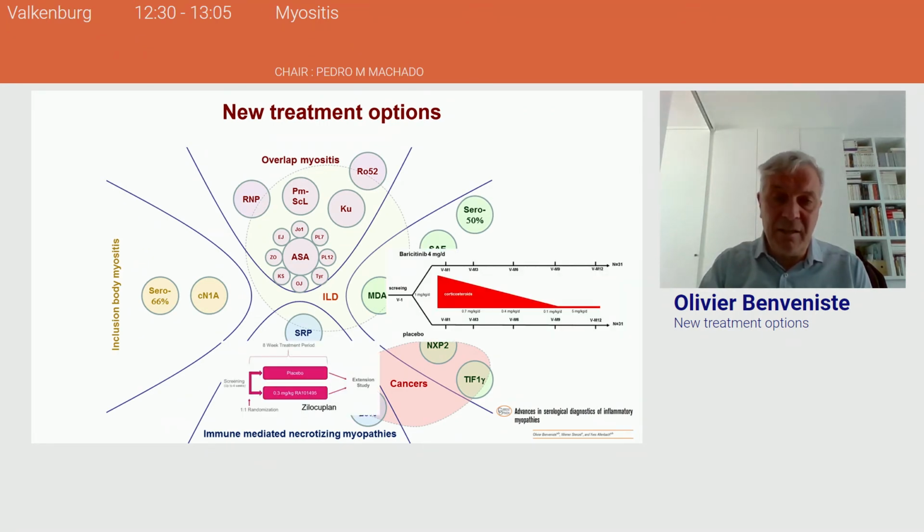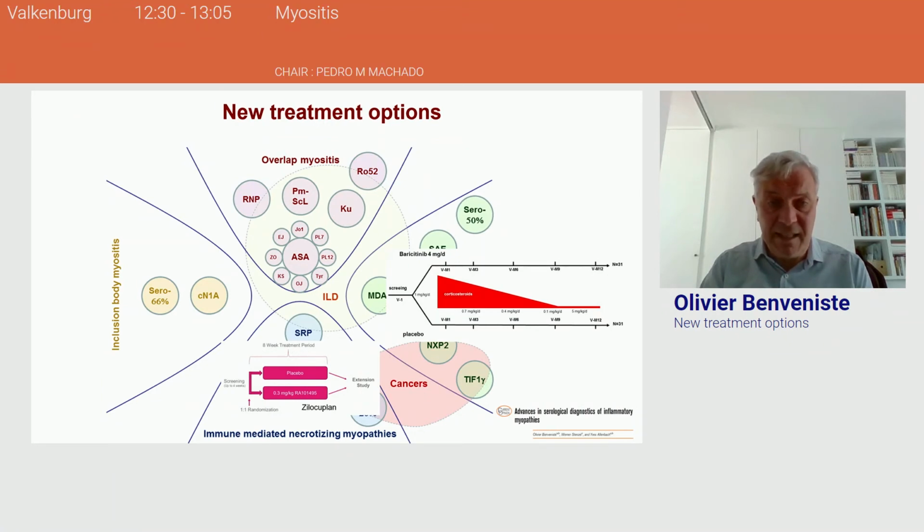Regarding immune-mediated necrotizing myopathies, you can tackle the cells producing the anti-SRP or the anti-HMGCR, maybe with the new drugs of multiple myeloma. That might be something interesting, or an anti-complement strategy.